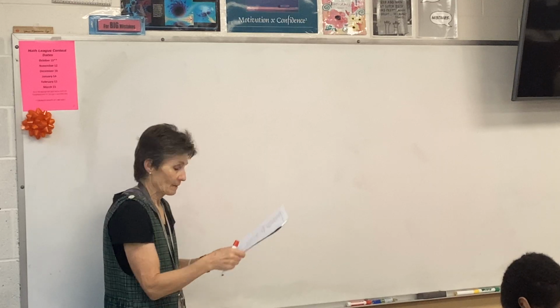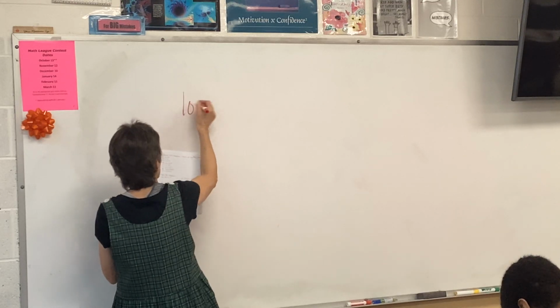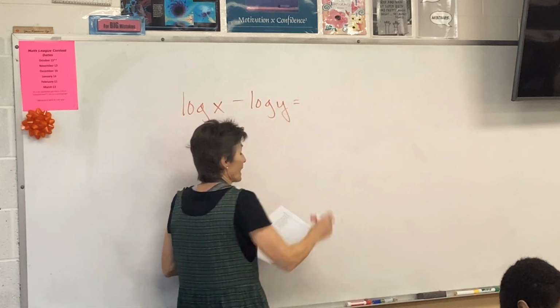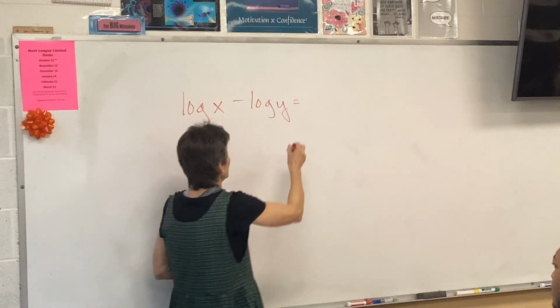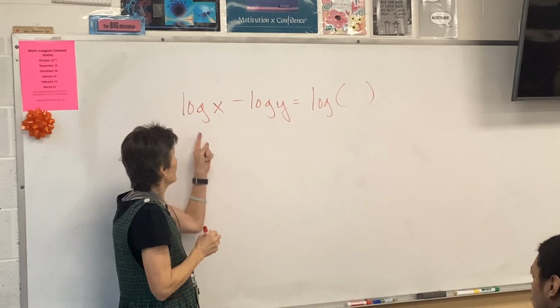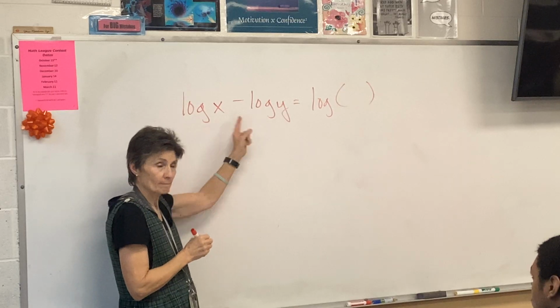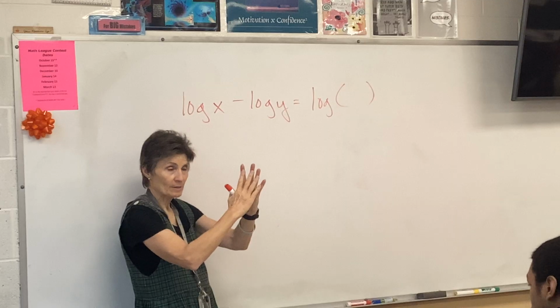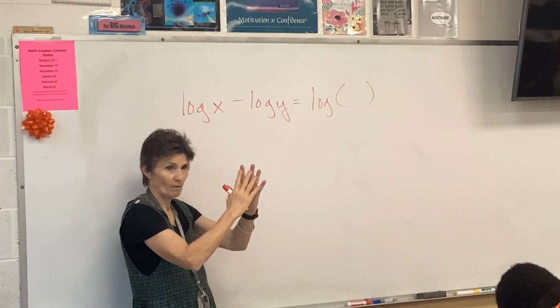Okay? So 3.4 says I've got the log of x minus the log of y, and I have to write that as a single logarithm. Now, here's what that means. There are two logarithms, and we gotta put them together. This is gonna be necessary to solve some of our equations.